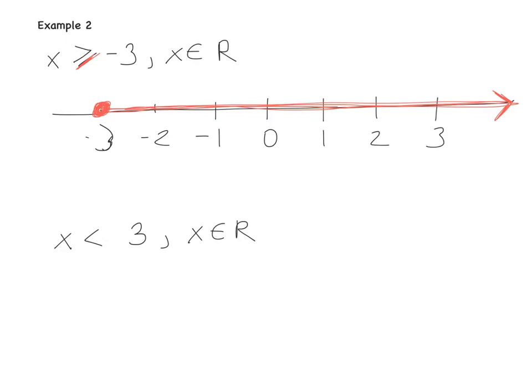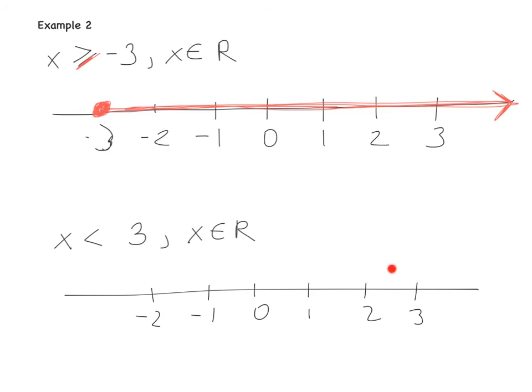So the next inequality is x less than 3, and also x is a real number. So number line 0, 1, 2, 3, minus 1, minus 2. That's enough. Now we have minus 3 in here, and then does it go this way or does it go this way?